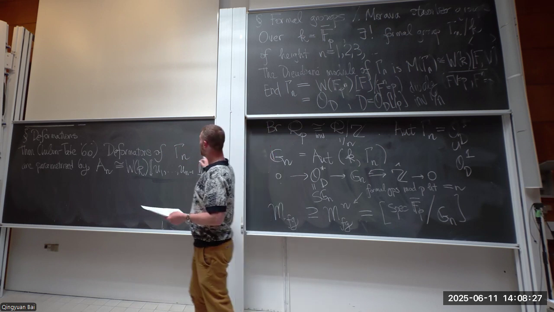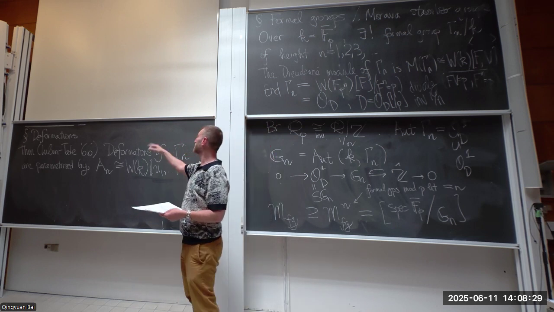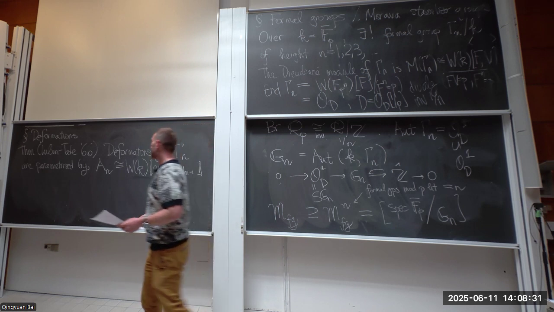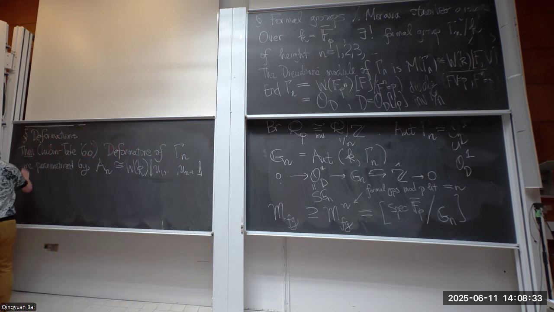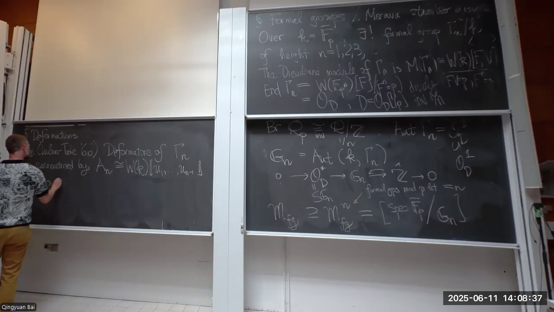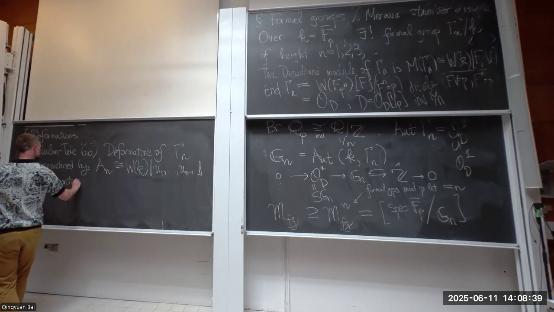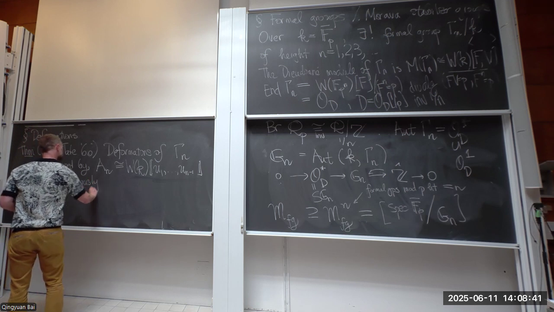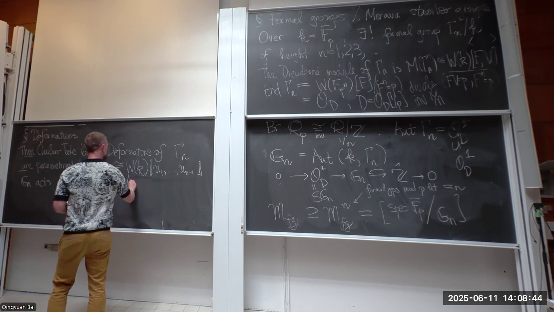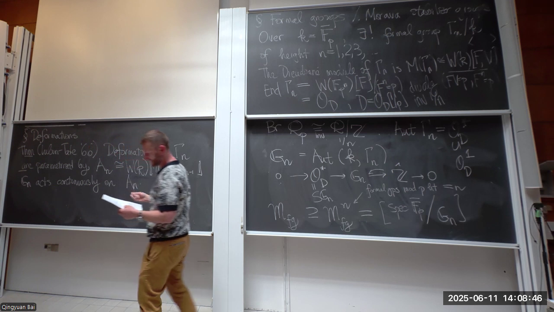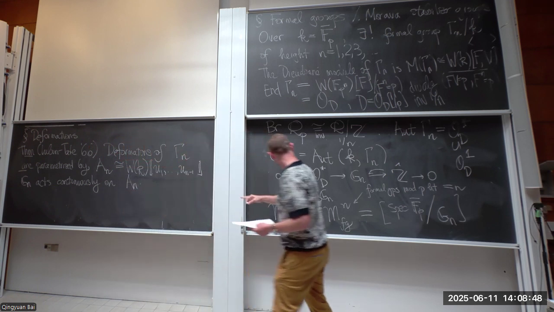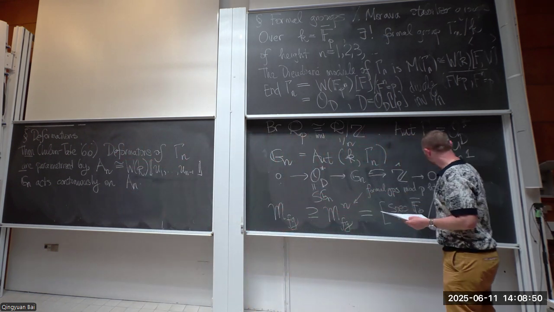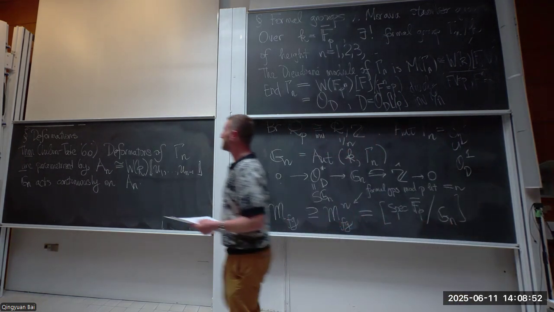So you see, since G_n acts on Γ_n, it acts on the whole deformation problem. So I might write that the G_n here acts continuously on this thing. Oh. And then to write a line that mimics what's going on over here, I want to say the following thing.